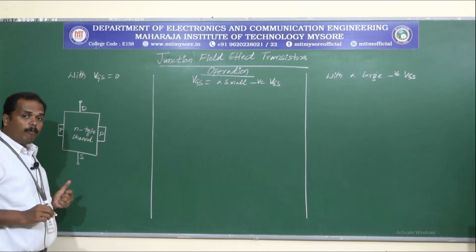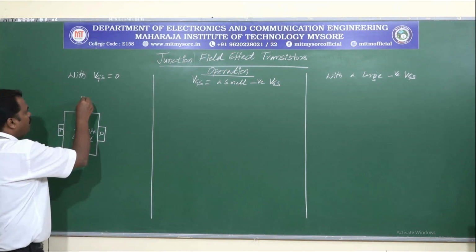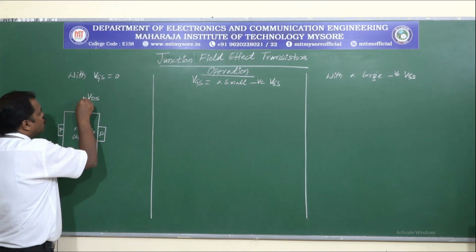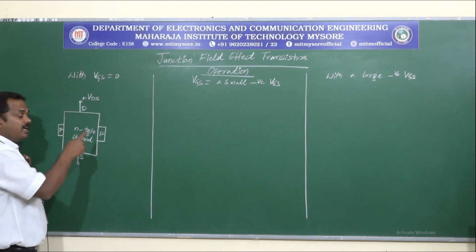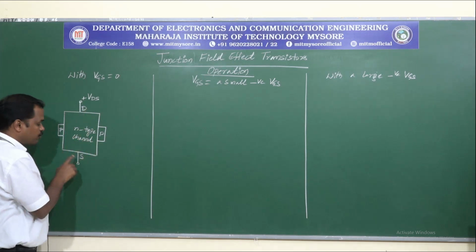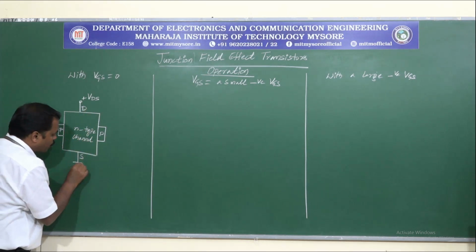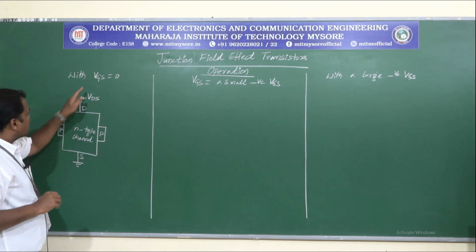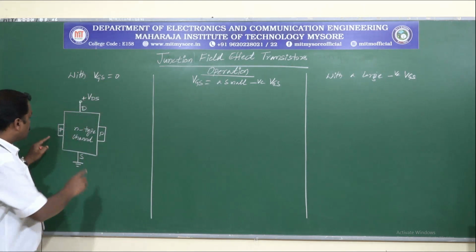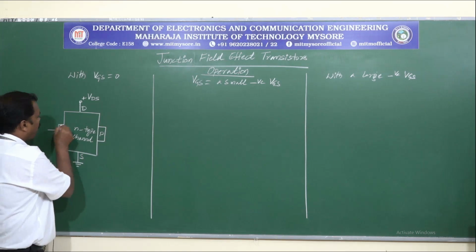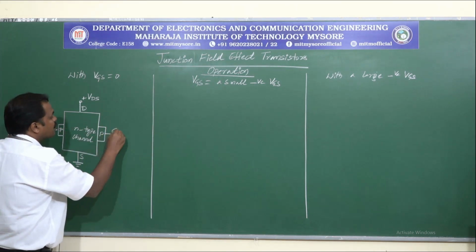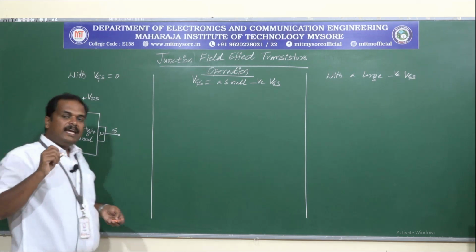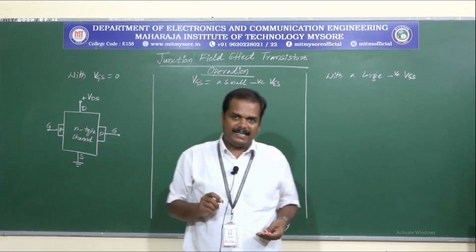To understand the operation, we will apply a positive drain to source voltage, I mean to say a positive drain voltage with respect to source. Let us consider the source connected to ground potential, whereas VGS should be 0. So, the gate terminals will be kept open. We are not connecting any voltage at the gate terminal.